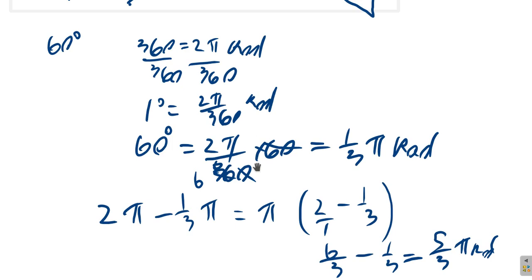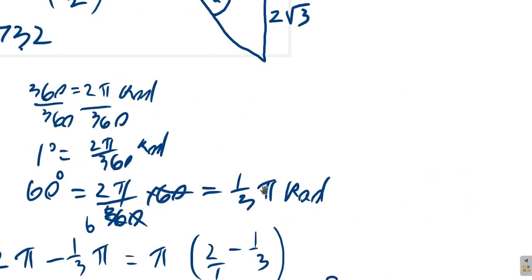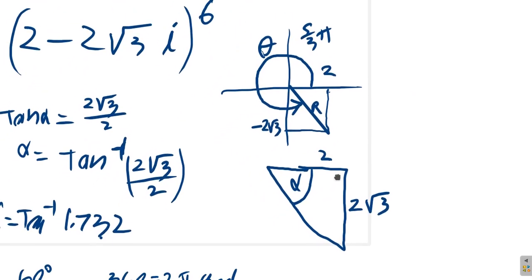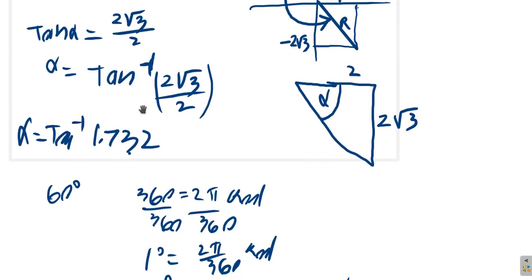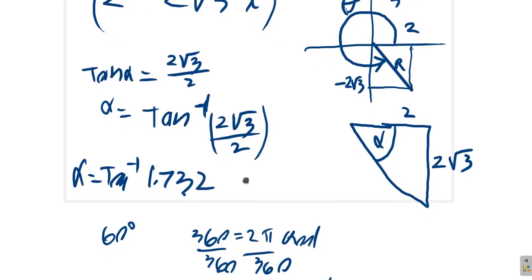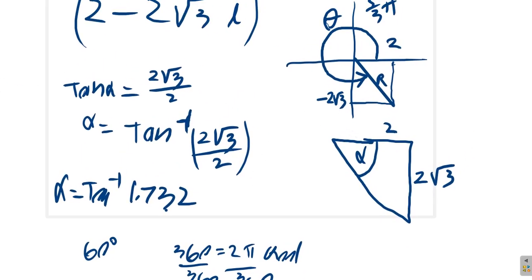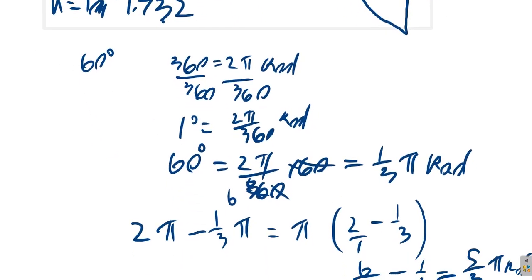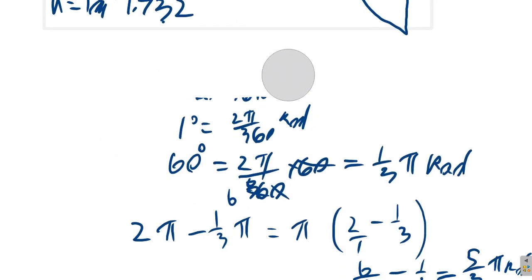And then when you find 5 times pi over 3, you would get 5.23 something. Alright, but anyway, what is the magnitude of the complex number here? Let's see if you can figure that out.